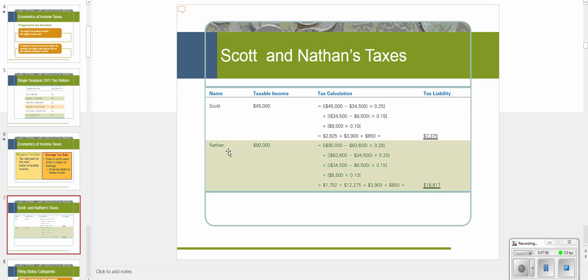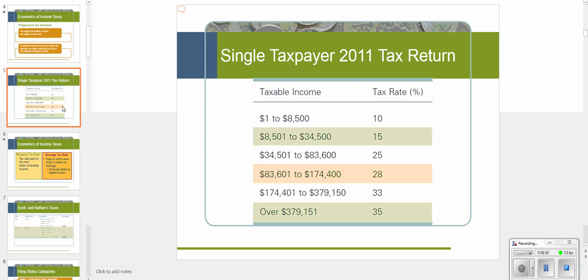So if you look at Nathan's, you see that he made $90,000. So he is going to go where? To what bracket? To this bracket here, the 28% bracket. So he's going to pay 10% on this 8,500, 15% on this bracket, 25% on 34,501 to 83.6, and then the last amount, 90,000 minus 83.6 times 28%.